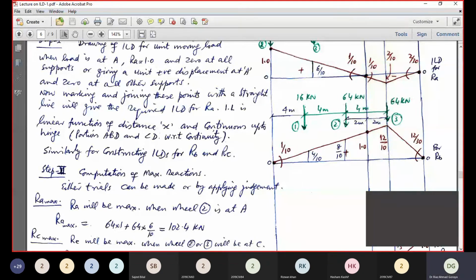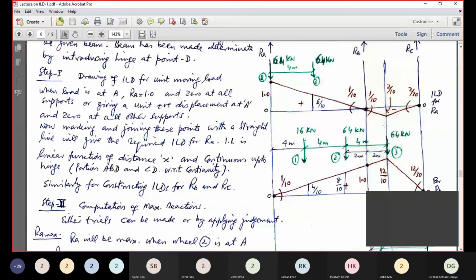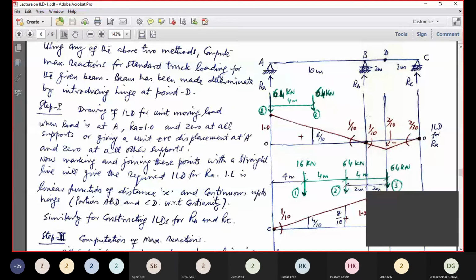I think your geometry is also a bit weak. Anyhow, as far as the slopes are concerned, this slope is 1 by 10. If this is 1 by 10, this side slope is also 1 by 10. The ordinate under the hinge is 2 by 10 because this distance is 2 meters.